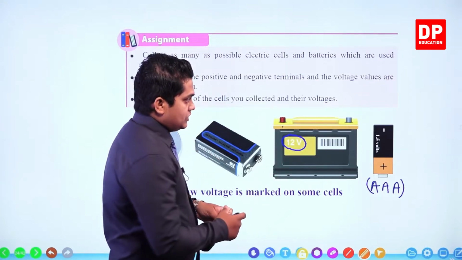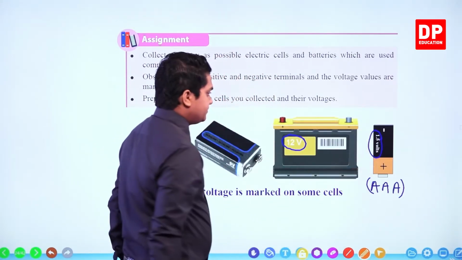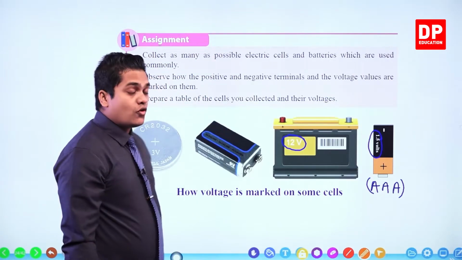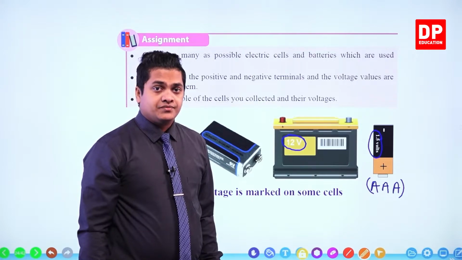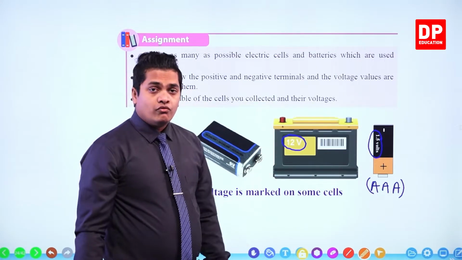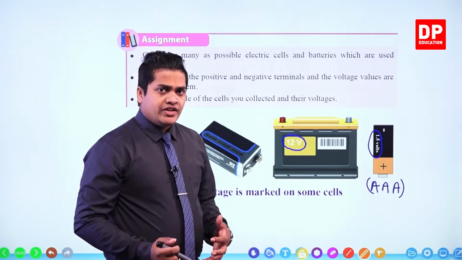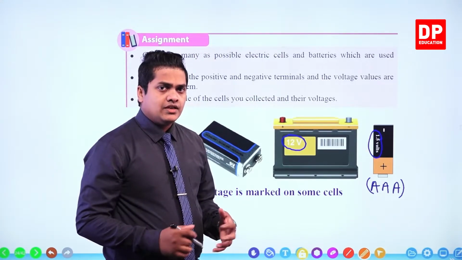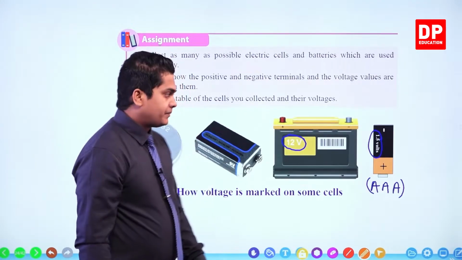Okay, so here, 1.5 volts. Volts is the unit that we use to measure potential difference. So here V means volts, right? We'll discuss the unit later in the lesson, but just for now focus on the number.